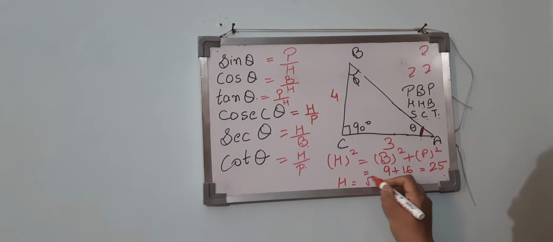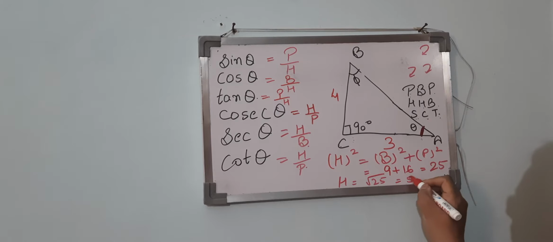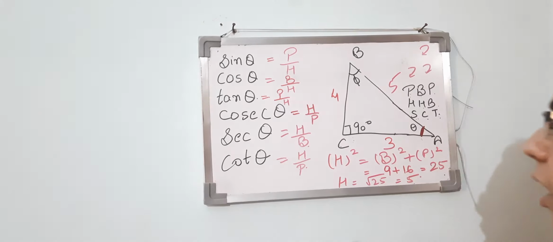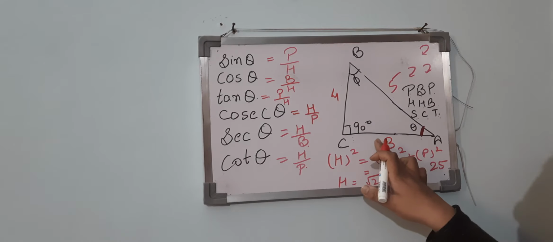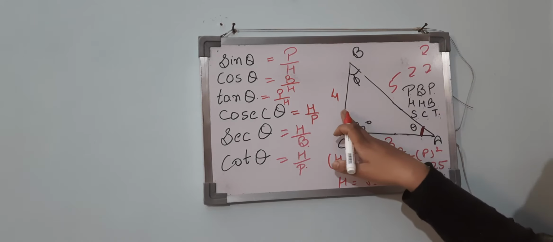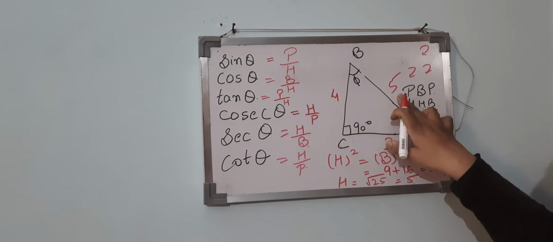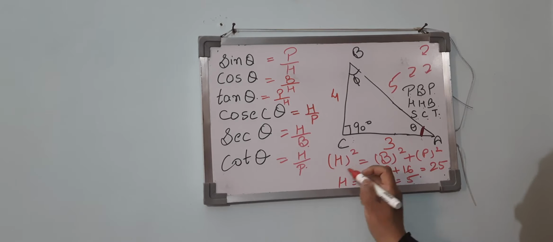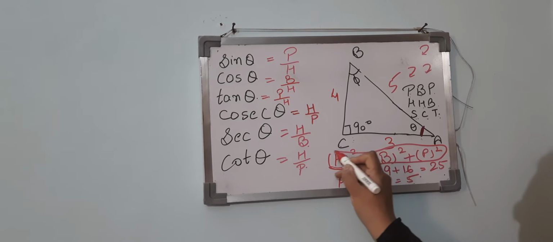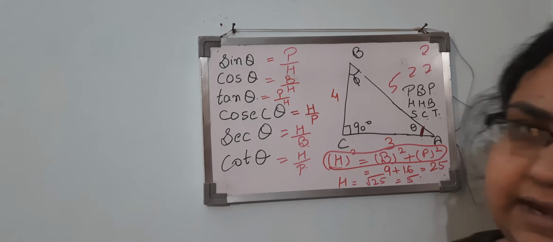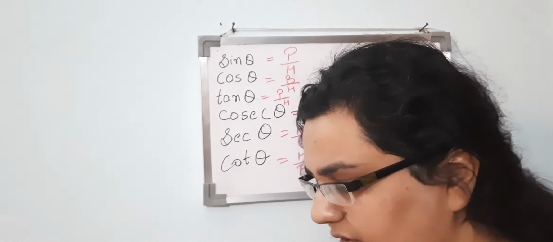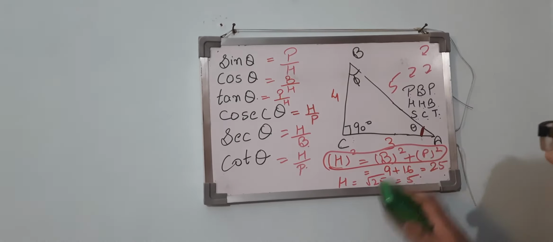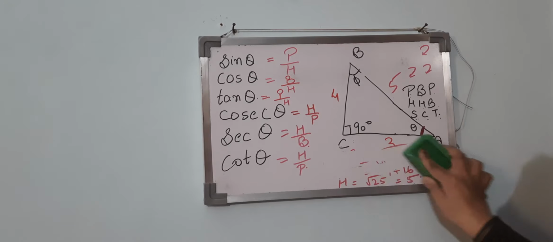Then h is the root of 25, which equals 5. Or suppose you are given the base and hypotenuse. Then subtract this square minus this square and you will get the other side. This is the basic formula from which you get the other side if you are given two sides of a triangle. I think the basic part is clear.